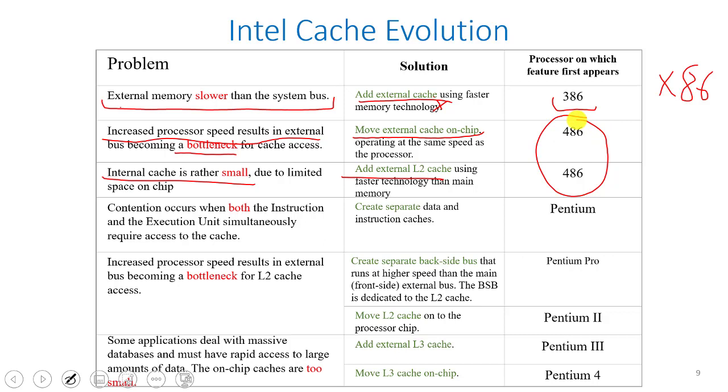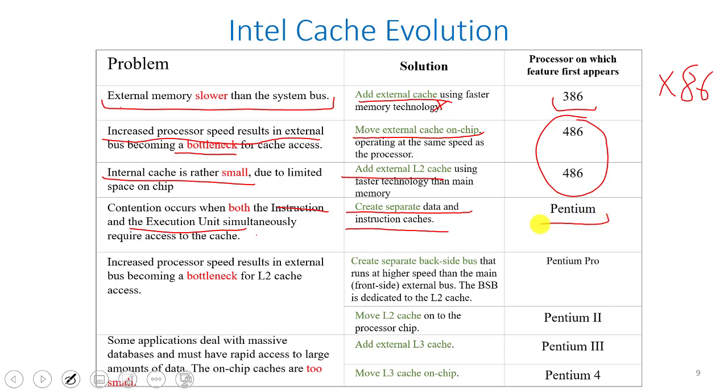Now, everything was fine. However, we started having a problem because we have two types of information. We have instruction and we have data. So we need to access this information at the same time, and the cache was not enough. So they said, okay, create two separate caches, one for data and one for instruction.